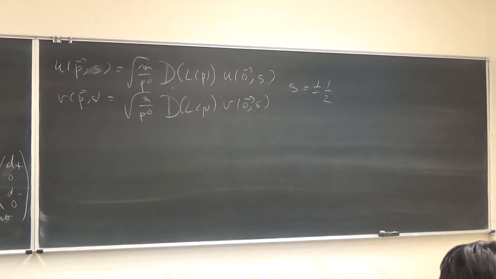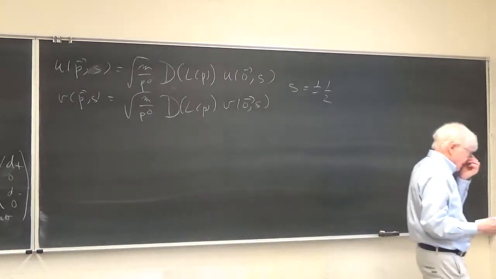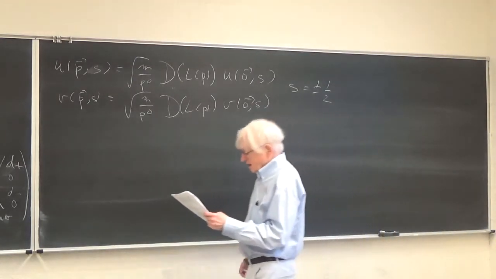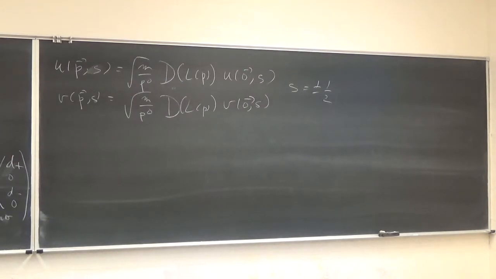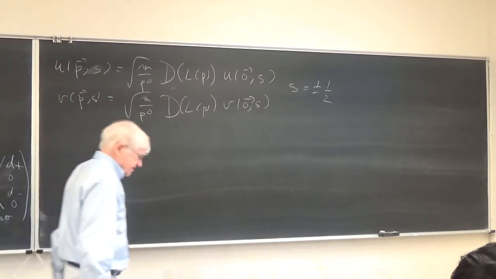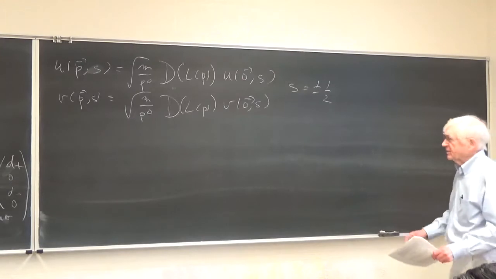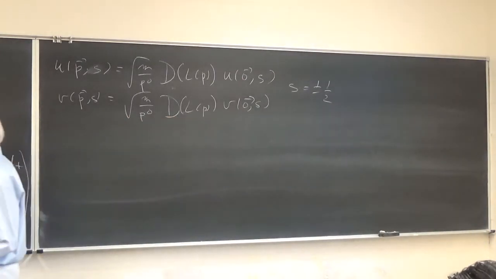Okay, so these constants c plus and minus, d plus and minus are somewhat arbitrary, but if you want the field to transform nicely under parity, then they can't be totally arbitrary.